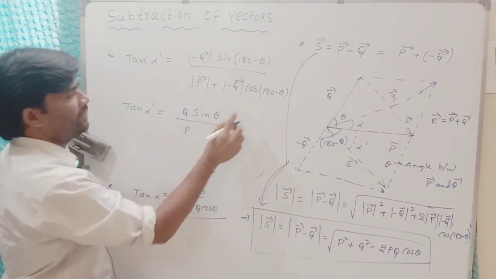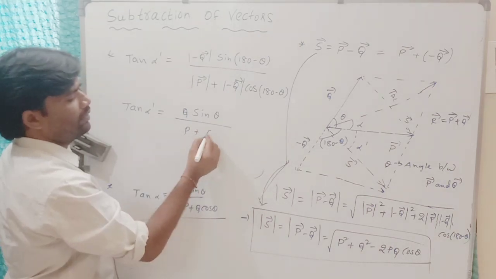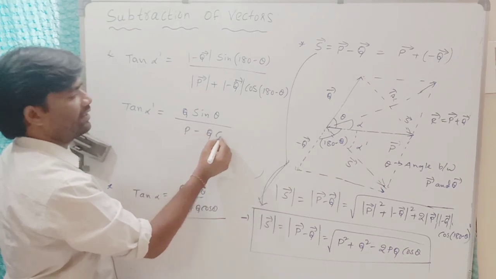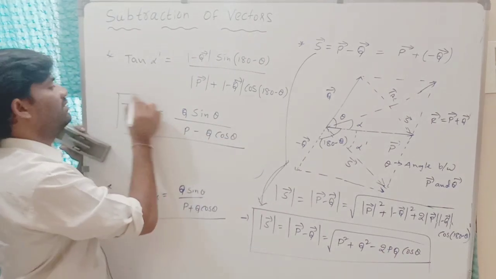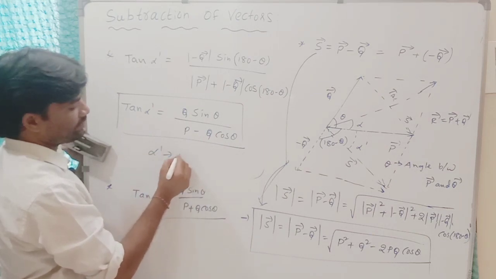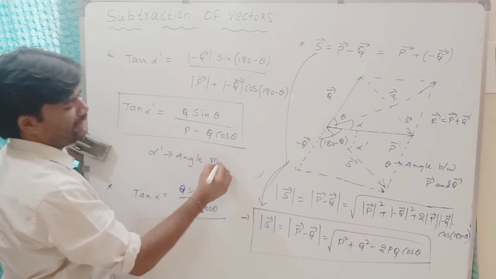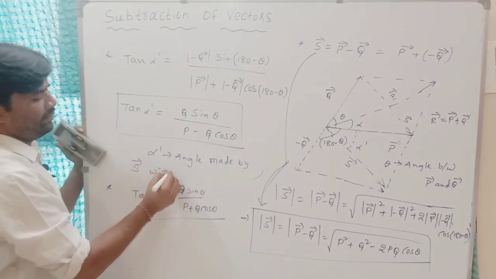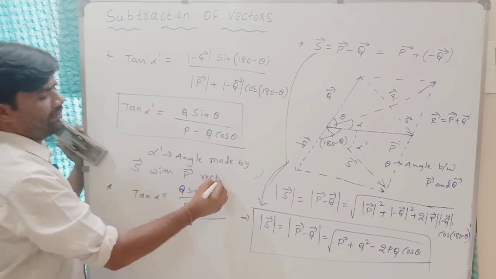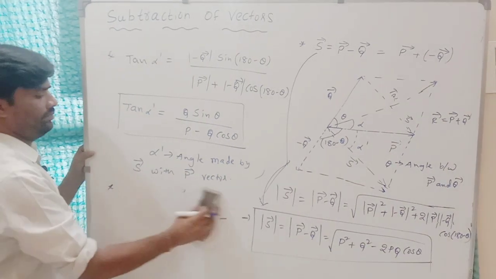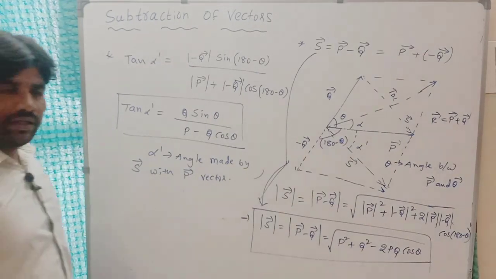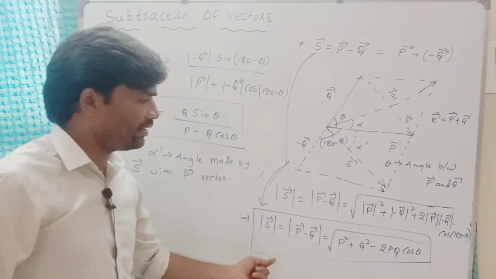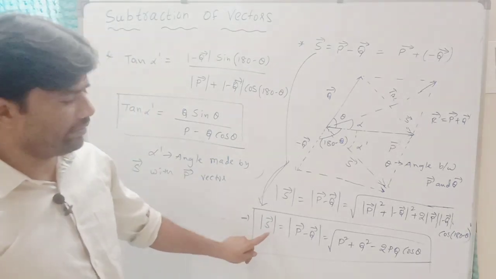Here this is P and this is Q, and cos 180 minus theta is minus cos theta. You can write minus here cos theta. What is alpha dash? The angle made by that S vector with the P vector. Clear? It is the same as tan alpha and the resultant magnitude R, similar equations.